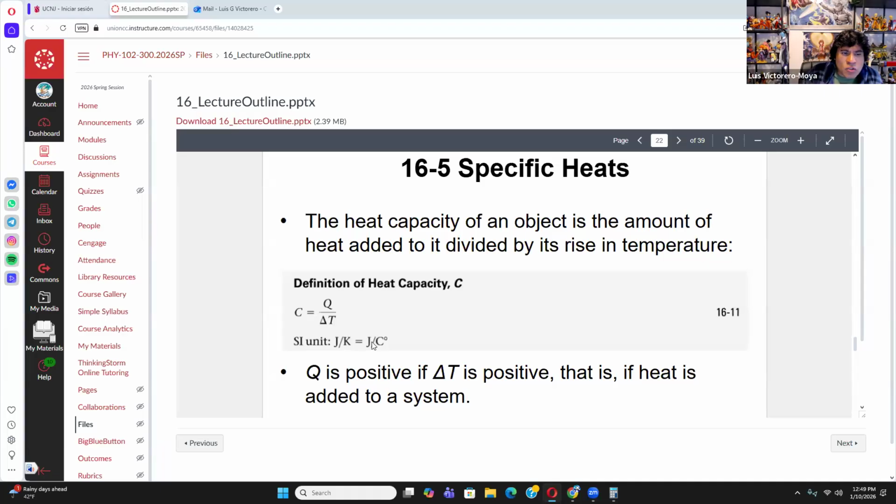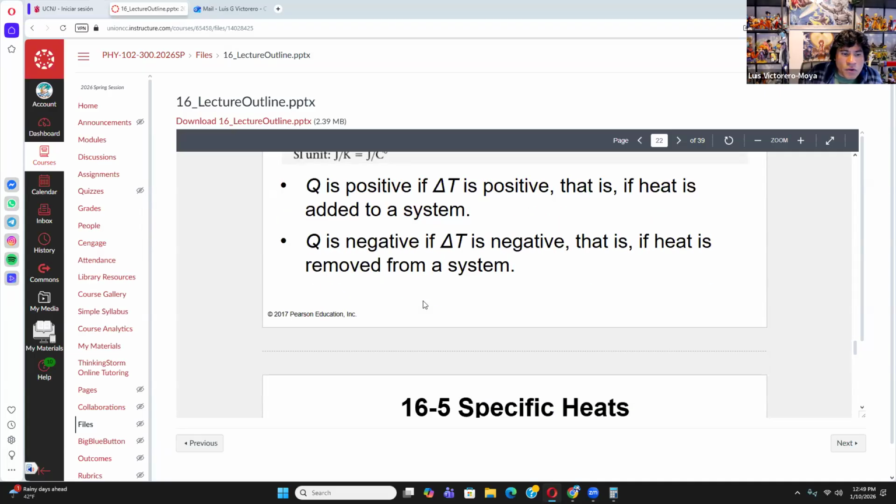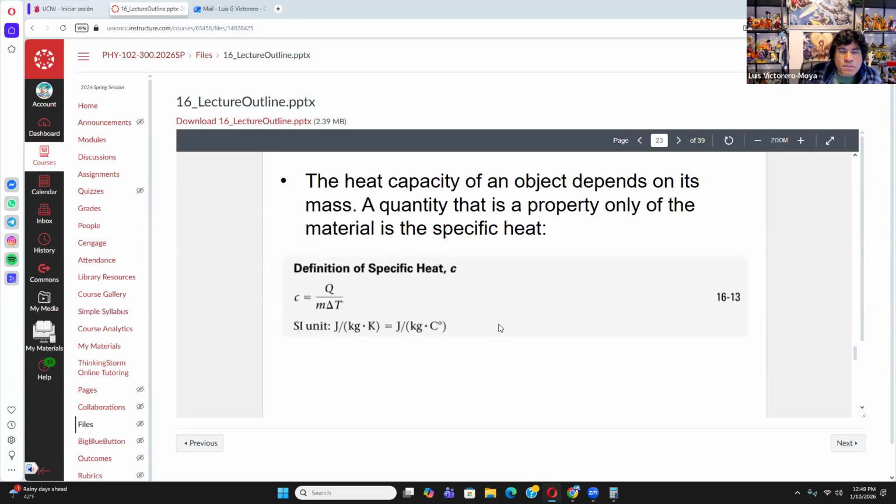Regardless, you have here joules over kelvins or joules over Celsius. That's the capital C. But we also have the specific heat capacity, which is the amount of energy needed to raise the temperature of a substance by 1 Celsius.